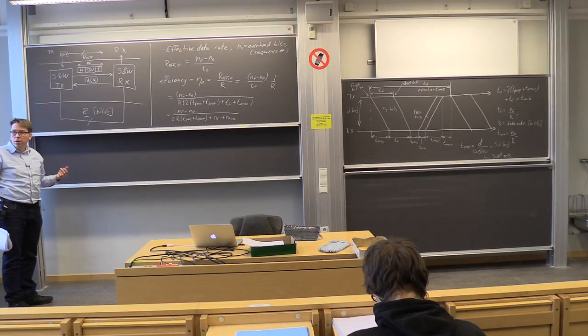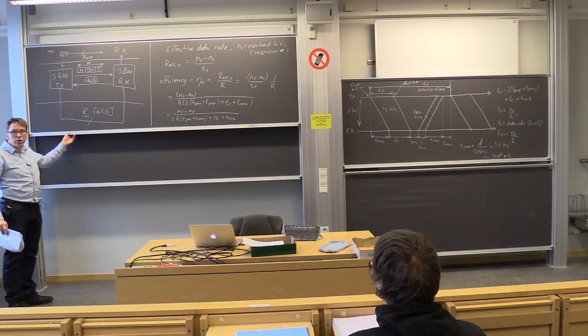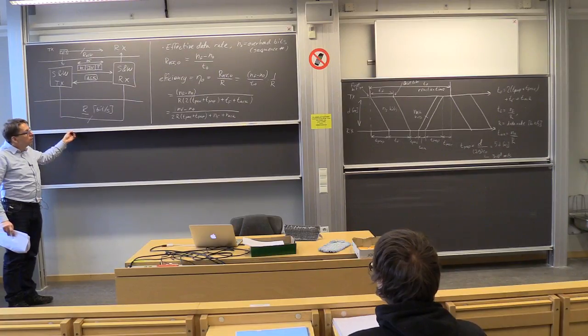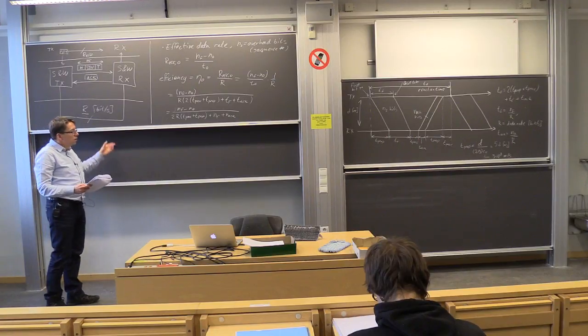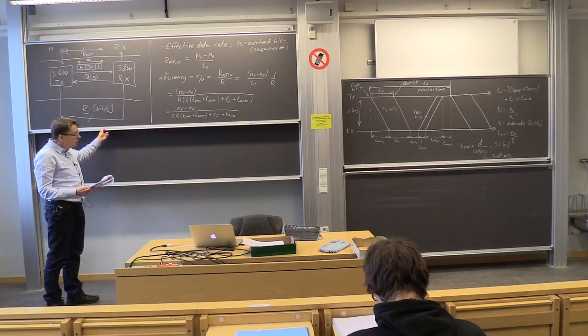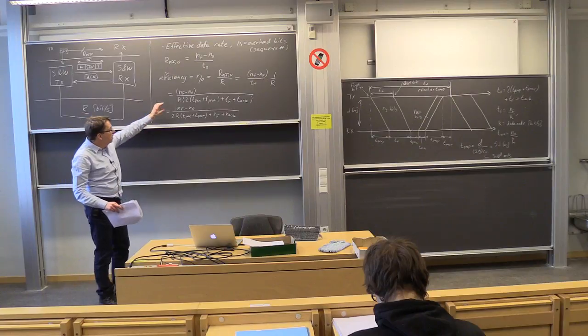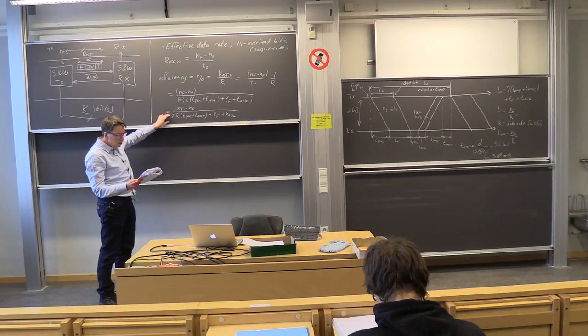I'm just plugging in expressions here. Okay. So now what we want to do here to clean up this expression a little bit is that we divide the numerator and denominator with NF.